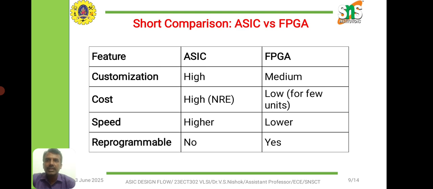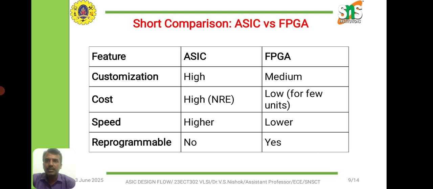Then finally here is the short comparison between the ASIC and FPGA. If you look at the features like customization, cost, speed, etc., the ASIC is slightly higher when compared with the FPGA, but for going for mass production, ASIC provides the better advantage when seeing all those above parameters and features.